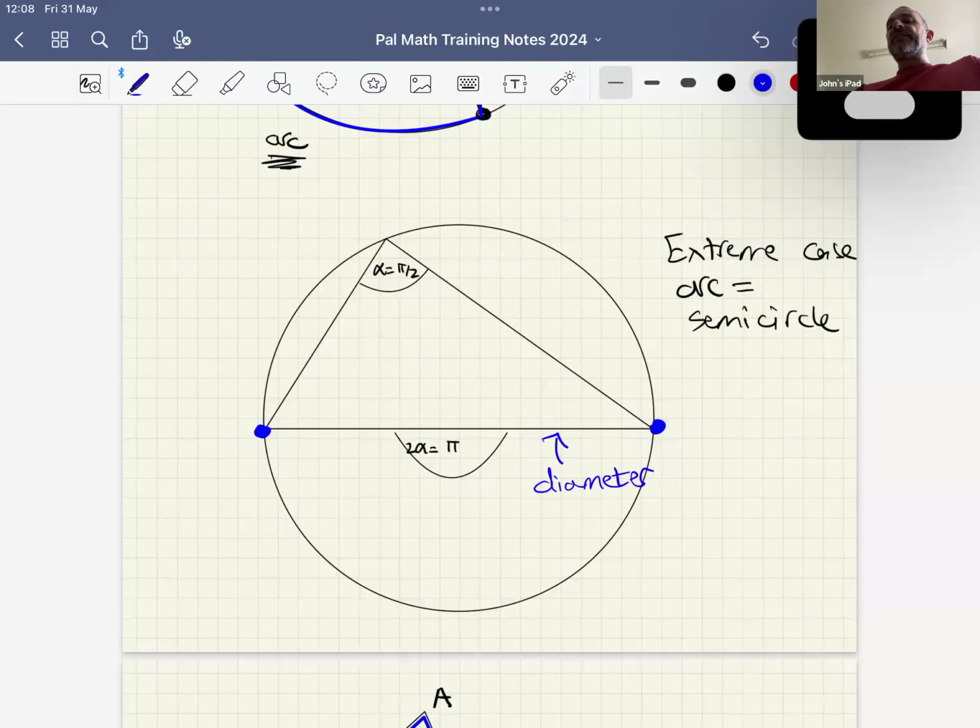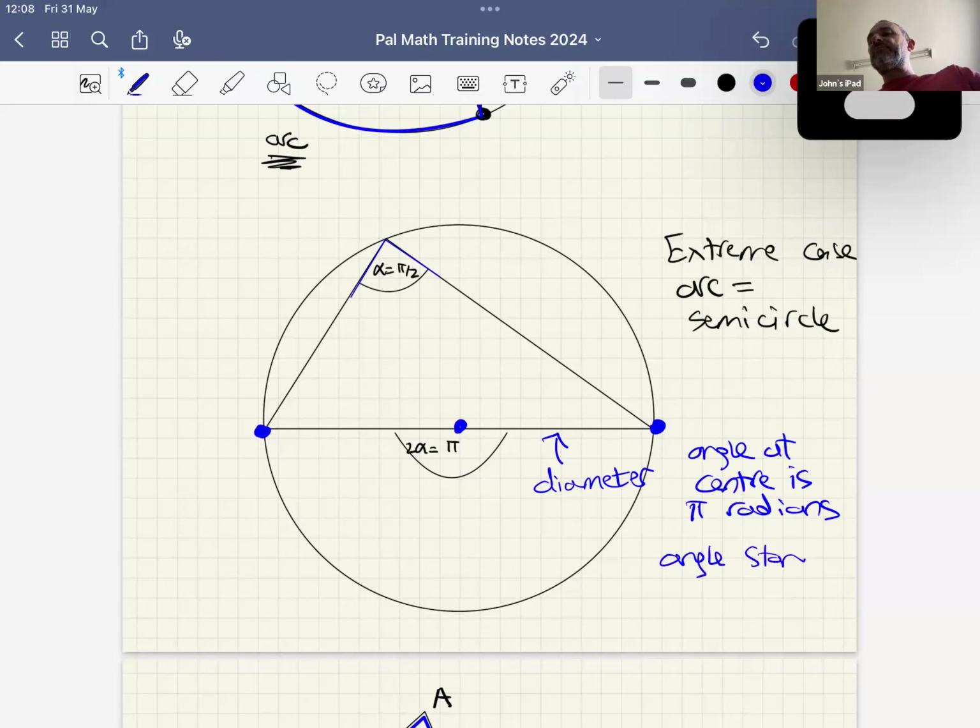And so the angle here at the center, because the center is here, the angle at center is pi radians. And therefore the angle standing on the arc here is pi over 2. So the angle standing on a diameter is pi over 2 radians.